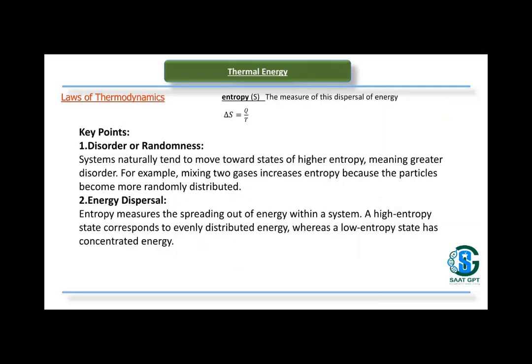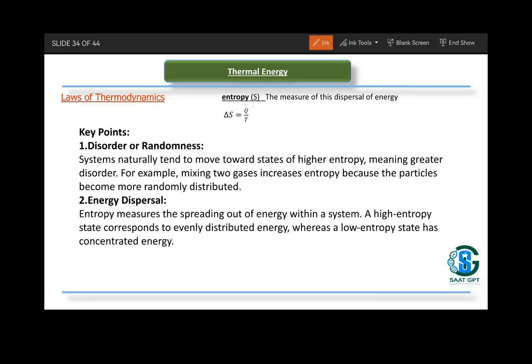So how do we measure entropy, guys? Entropy is the amount of heat added over time. It's the measure of this dispersal of energy. We have different key points, guys, to judge and control the entropy. What is the meaning of disorder and randomness? Systems naturally tend to move towards a state of higher entropy.